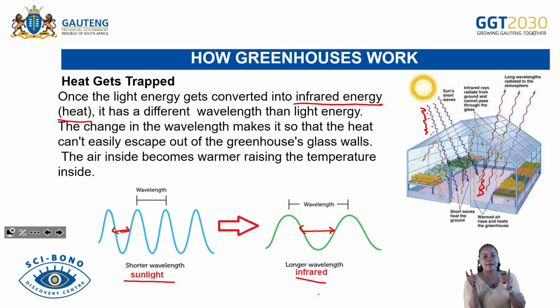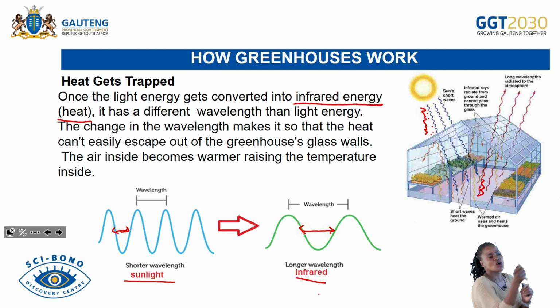Now bigger as compared to the wavelength when it was sunlight. Why is it so? Why are these wavelengths of the infrared energy longer or bigger as compared to the wavelength of sunlight?